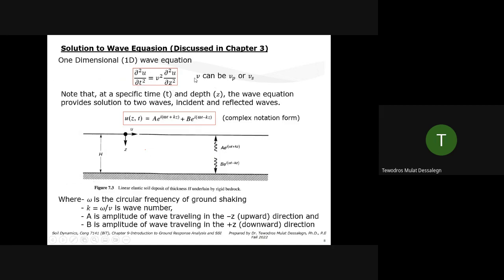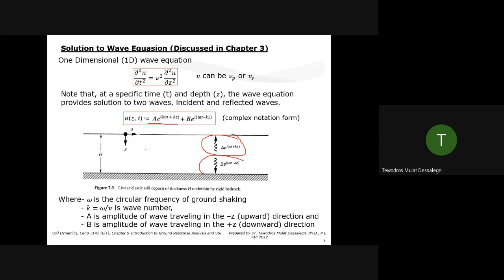So this V can be VP or VS, shear wave velocity or P wave velocity. Even, if it's on the surface, it can be Rayleigh waves and Love waves. Note that at specific time and depth, the wave equation provides a solution to two waves, incident and reflected wave. We have seen this.